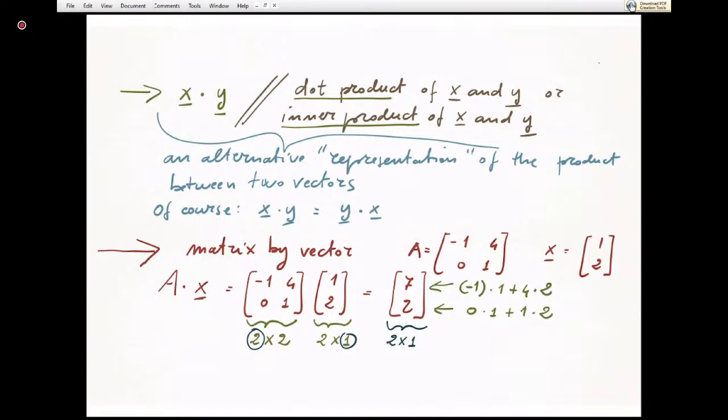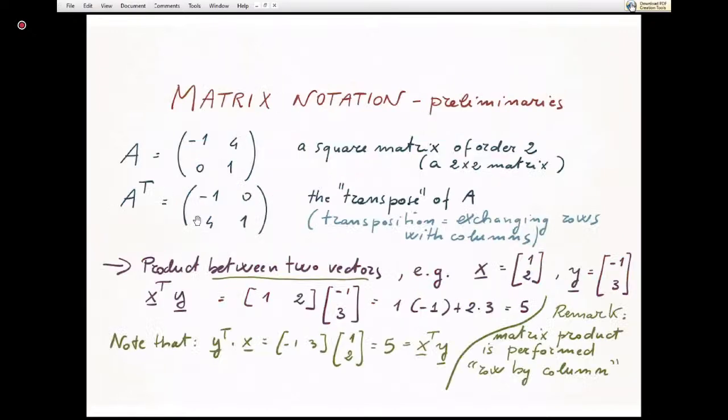This is called the dot product of X and Y, or the inner product of X and Y. In blue, I wrote, this is an alternative representation of the product between 2 vectors. It is useful to have both, because this is useful for certain applications. This is useful when we deal with vectors as special types of matrices. Is that clear? But in practice, the result is the same.